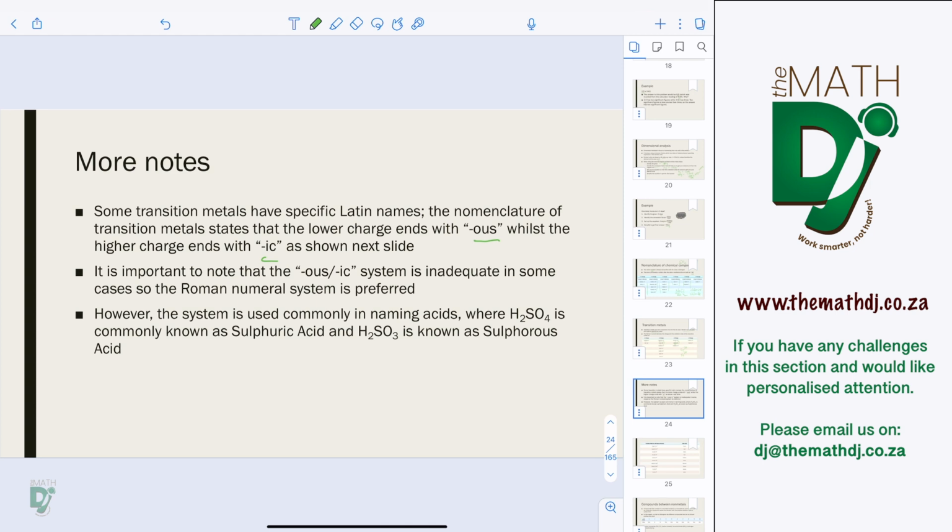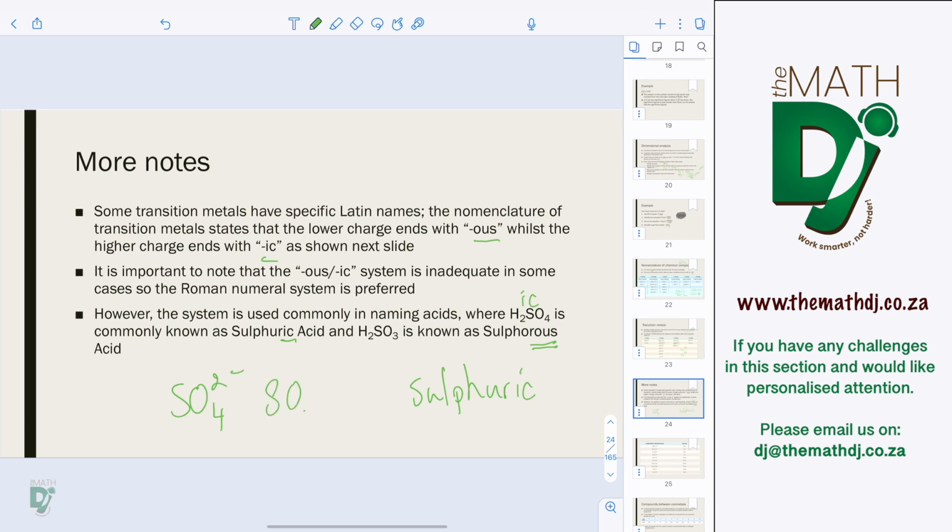For example, this is sulfuric acid, as you can see here. Then the other one is sulfurous, because this is SO4 2-, okay, sorry, 2 minus, okay.